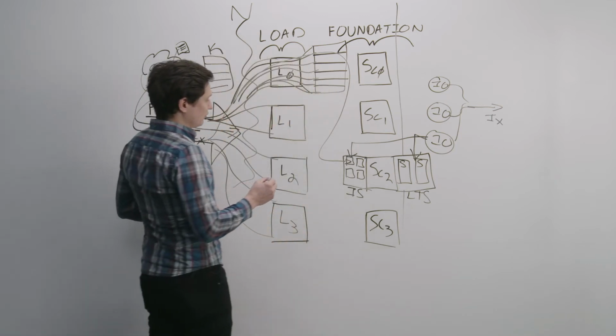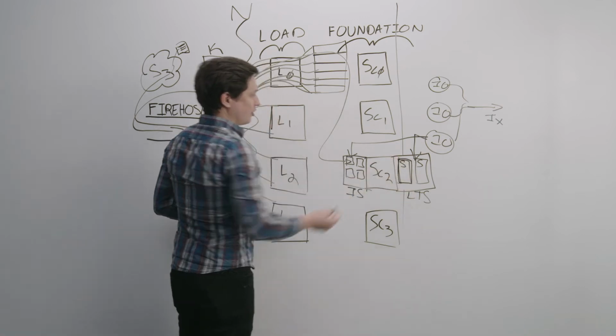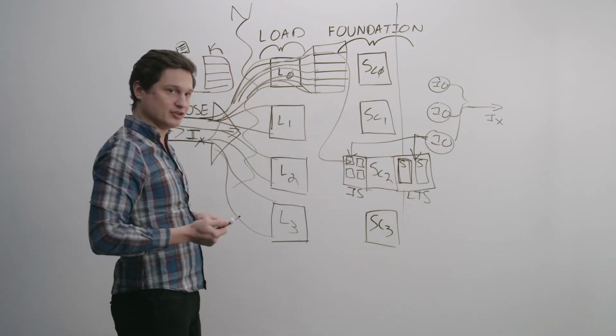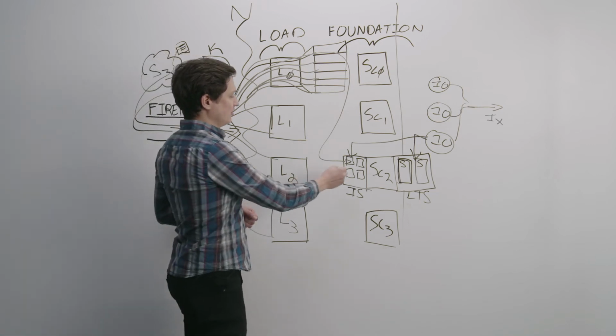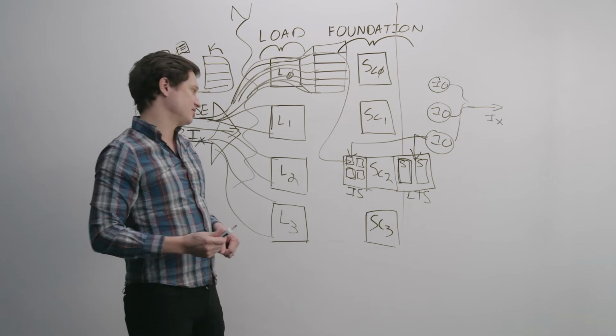Now, the loading nodes have one additional job. We eventually want to end up with our write once, read many, highly efficient storage structures on disk, but the data is stored in these high throughput pages instead.